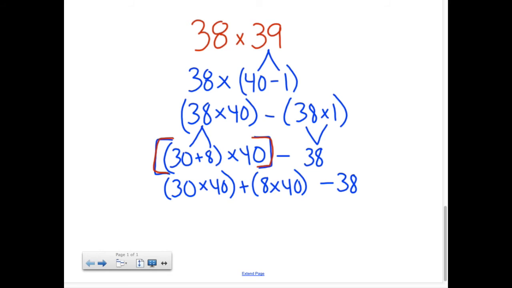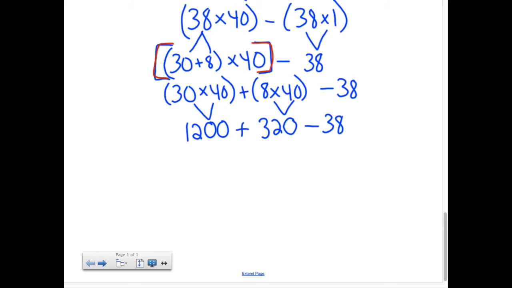And now I can go ahead and solve these two mentally. 30 times 40. 3 times 4 is 12, and then I have the two place values to account for. So 1,200 plus 8 times 4 is 32, and I have one place value to account for, so it becomes 320, and again, bring down minus 38.